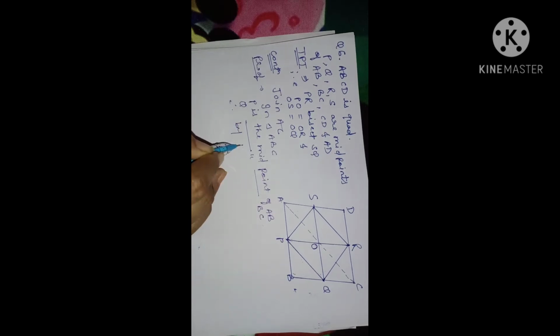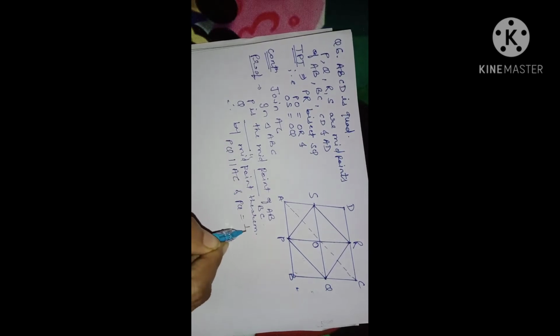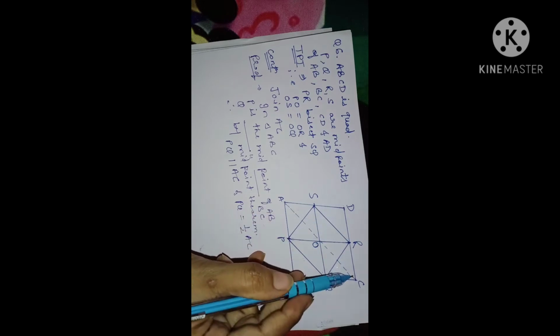Therefore, by midpoint theorem, we can write PQ parallel to AC and PQ equal to half of AC. Give it number 1.